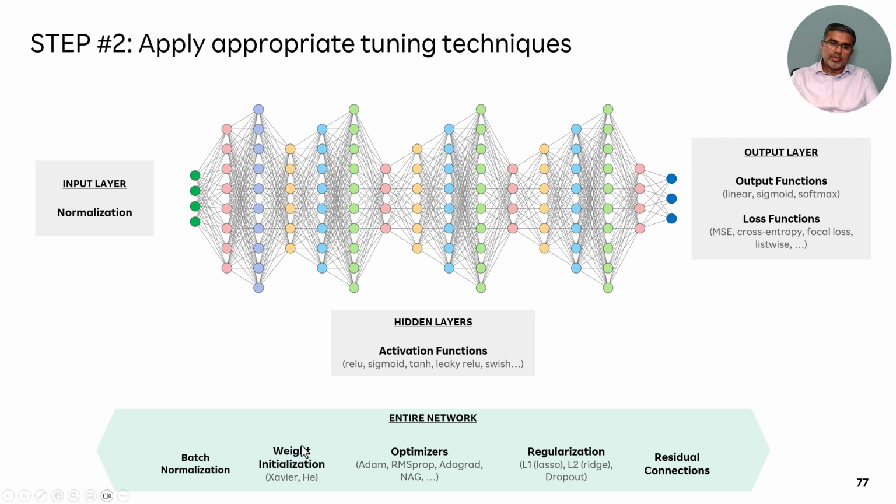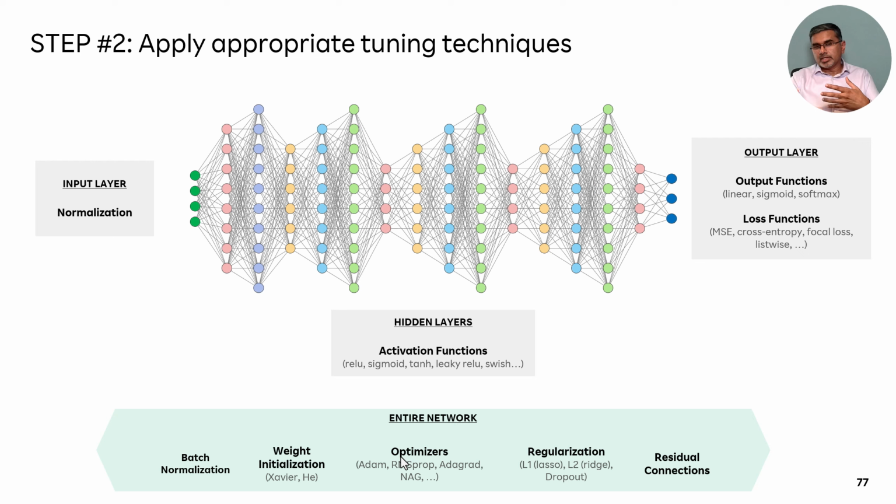We also learned that weight initialization, like Xavier and He, are important. I gave you a demo of that. Then we learned about optimizers. Without optimizers, we said that you can get stuck within the local minima. Ideally, if you have multiple minimas and you have one global minima, you want to get there.